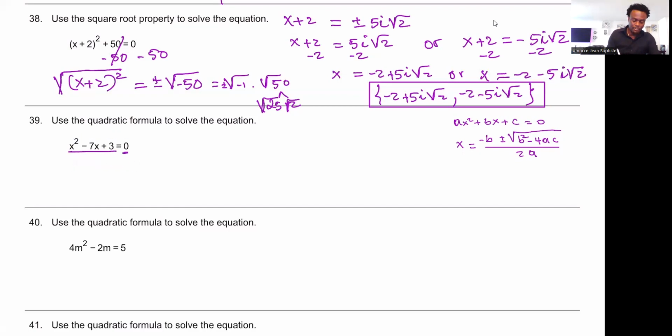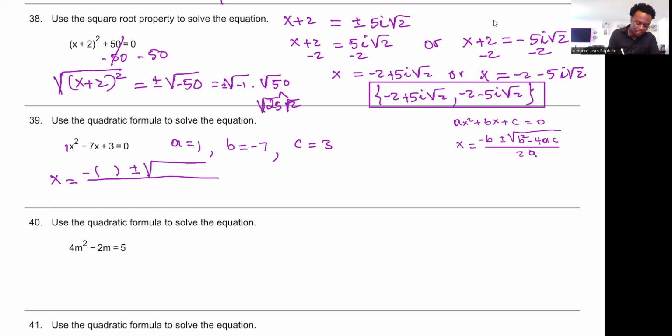Everything is fine. Then I can go ahead and identify a equals 1, b equals -7, and c equals 3. And then I can set up my formula. The way I like to do it is I set it up first, and then inside of these parentheses, I'm going to put the values corresponding to what they are.